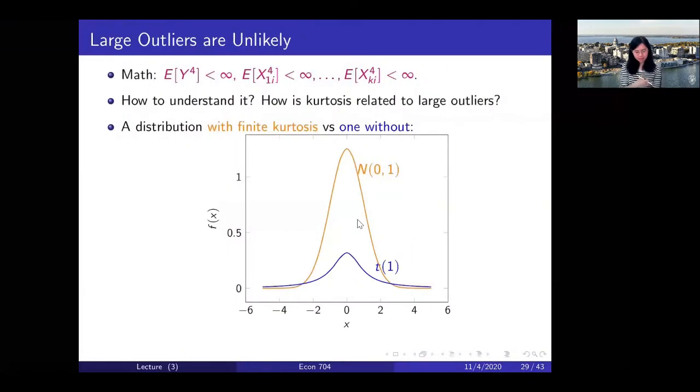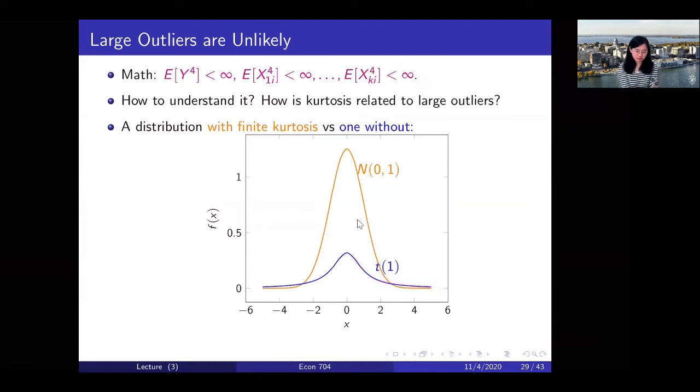Now let's compare that with a distribution without finite kurtosis, that doesn't satisfy this assumption. This probability density function is drawn in blue, and that's the probability density function for a student t distribution with 1 degree of freedom. Don't worry about what that is. It's not important. It's just a distribution that's different from the standard normal, but the density dies out much slower than the standard normal as you get away from the center.